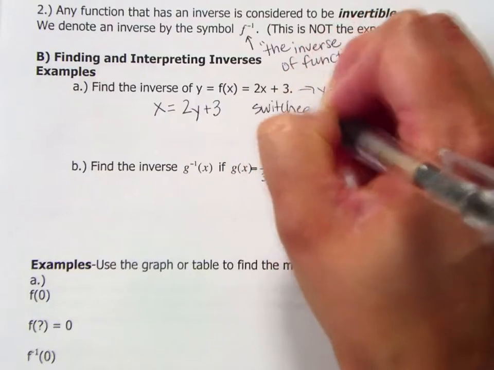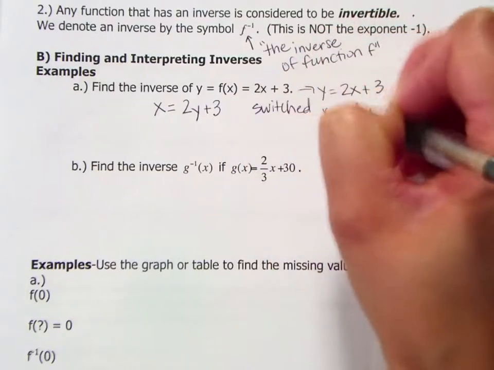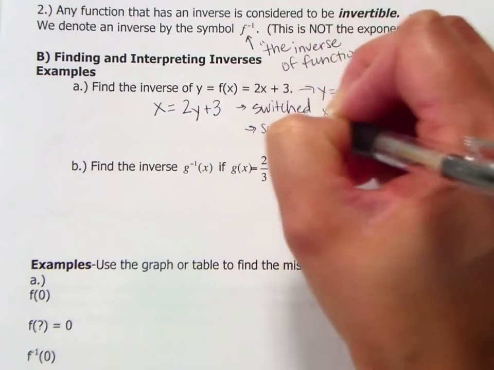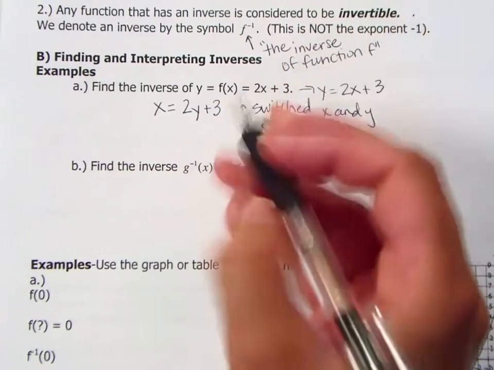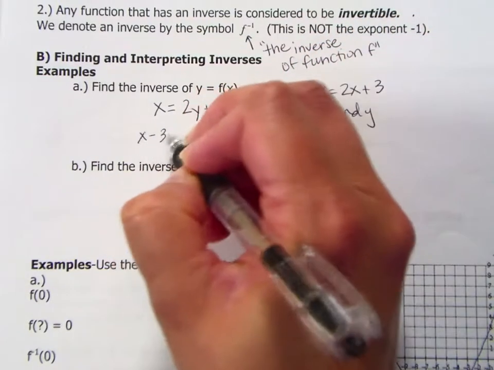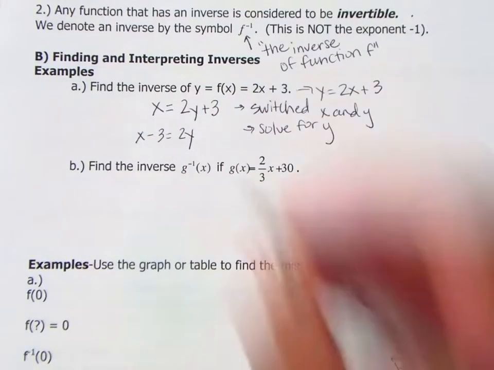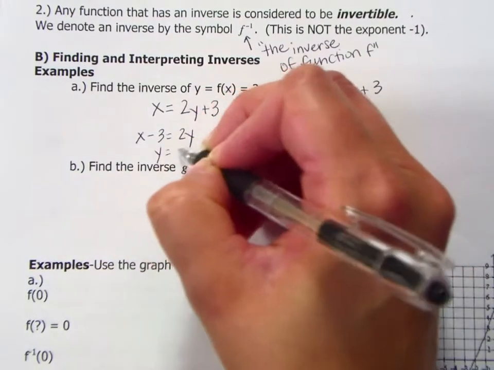So we switched x and y. Now we are going to solve for y. So to solve for y, I would start off by subtracting 3 from both sides. And then I would divide everything by 2.